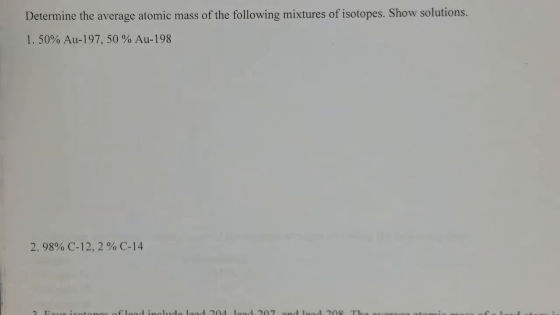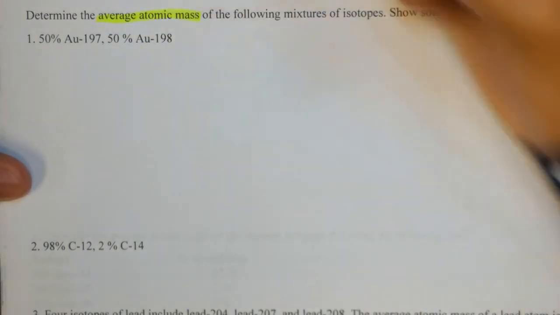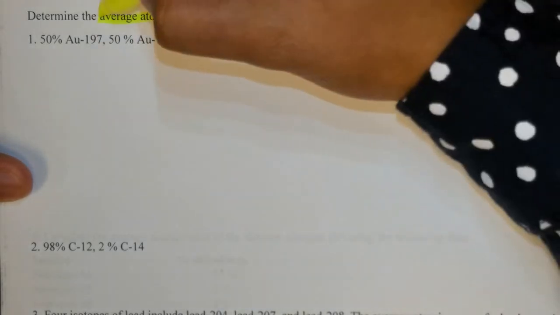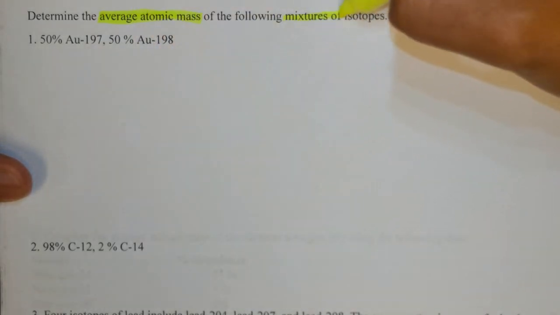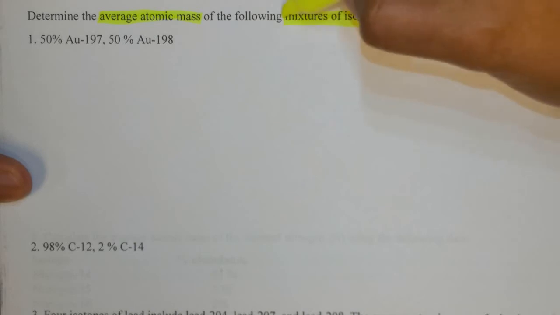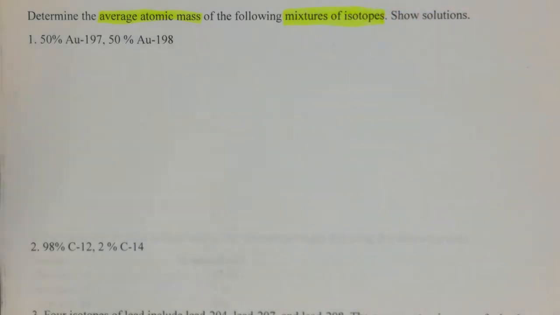Okay, so for this particular task in chemistry, you are asked to solve for the average atomic mass of mixtures of isotopes. Mixtures of isotopes, meaning an element which has more than one form. We call them isotopes.